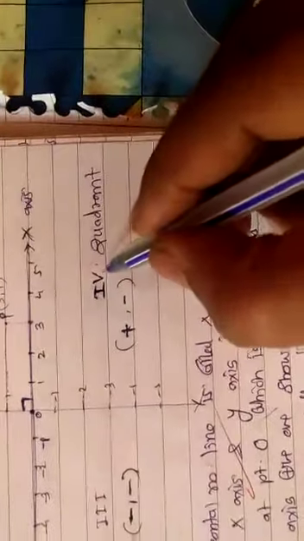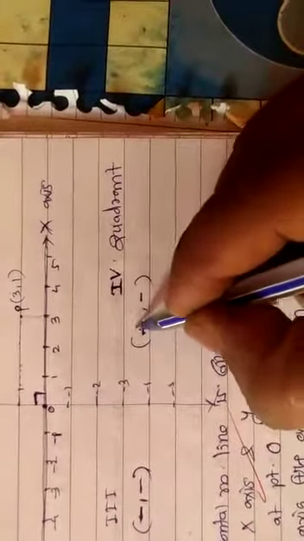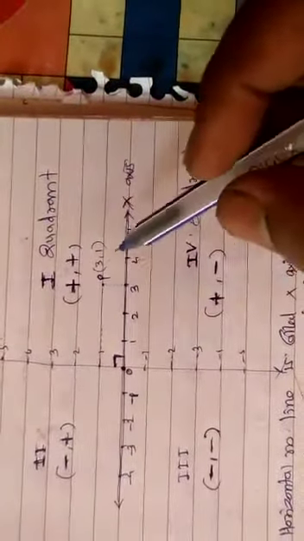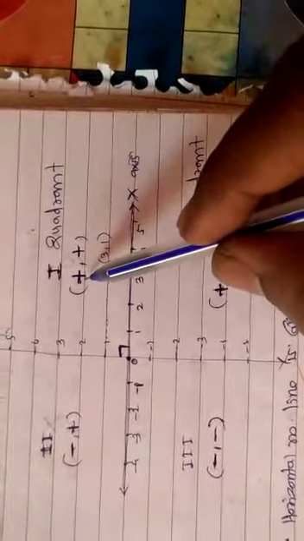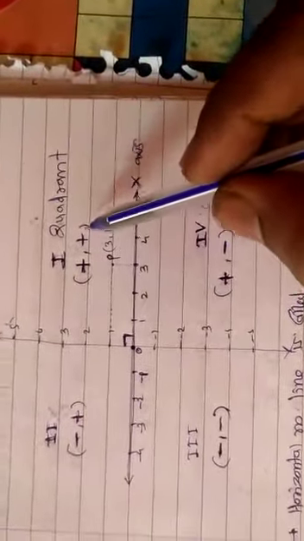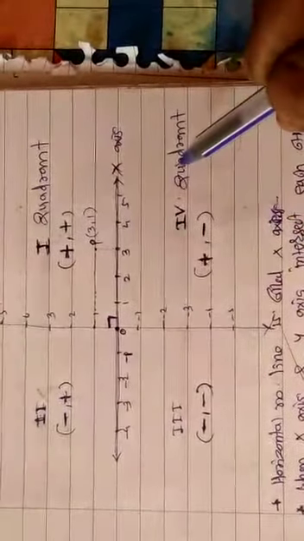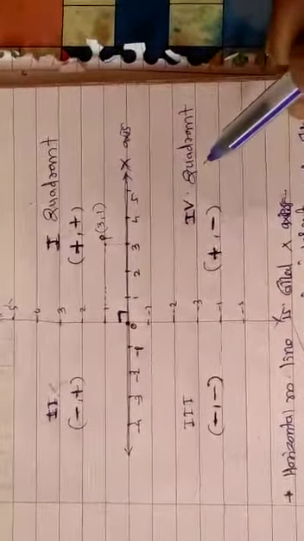Suppose point P is present in the fourth quadrant, then the x-coordinate is positive and the y-coordinate is negative. You want to learn all these signs. First quadrant plus plus, second quadrant minus plus, third quadrant minus minus, fourth quadrant plus minus. On the basis of this we can see some examples.